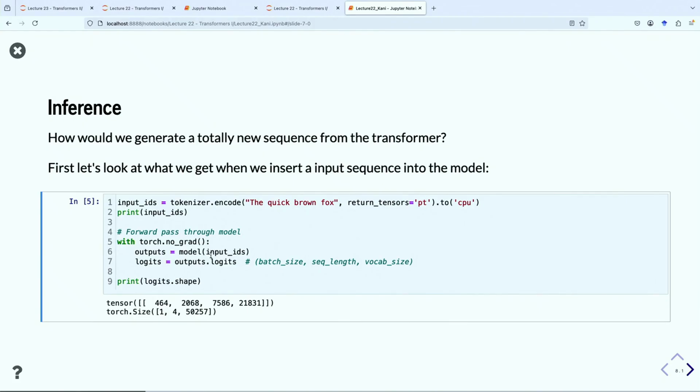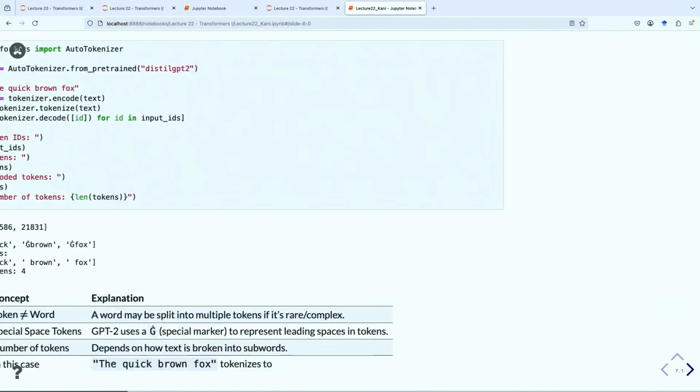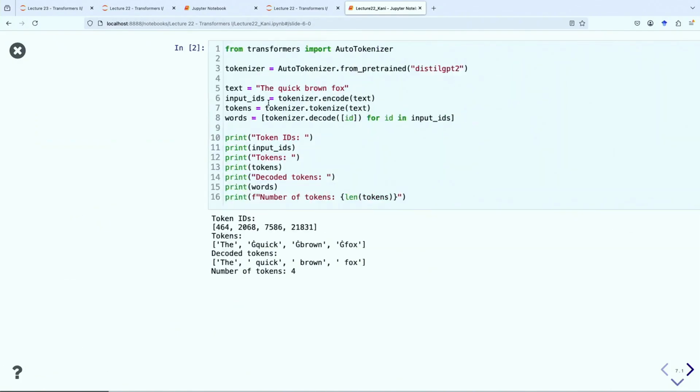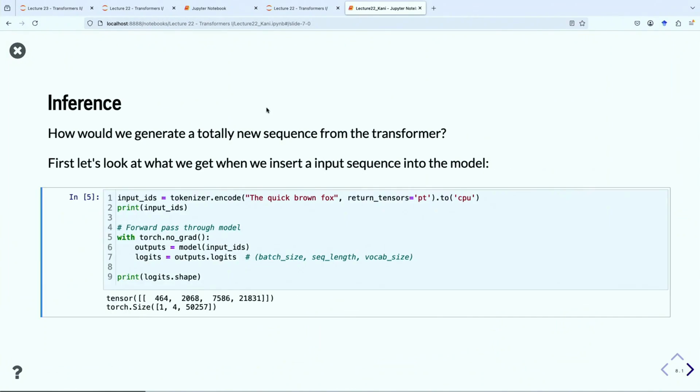The model object, remember, is defined like so. We're just downloading a particular LLM from a pre-trained database, and then we get something out. We get a huge matrix out. This is the shape of what we get out. We get what's called a logit, and this is the shape of the logit.